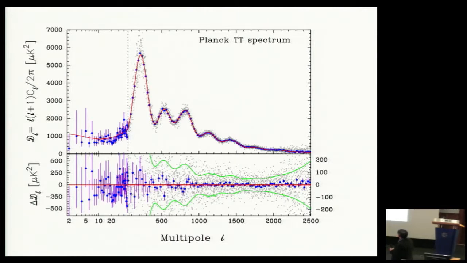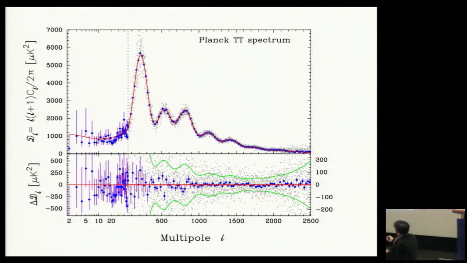So a few points about this. The first is that this red line is the best fitting 6-parameter lambda CDM cosmology. So I'll call that the base LCDM cosmology. And it provides an extremely good fit to the data, except at low multipoles, which I'll come back to at the end. So one of the things about Planck is that with this level of precision, the conventional power spectrum plots are really uninformative.